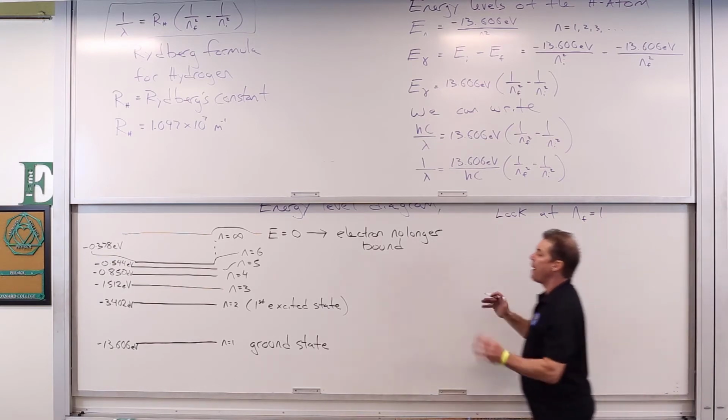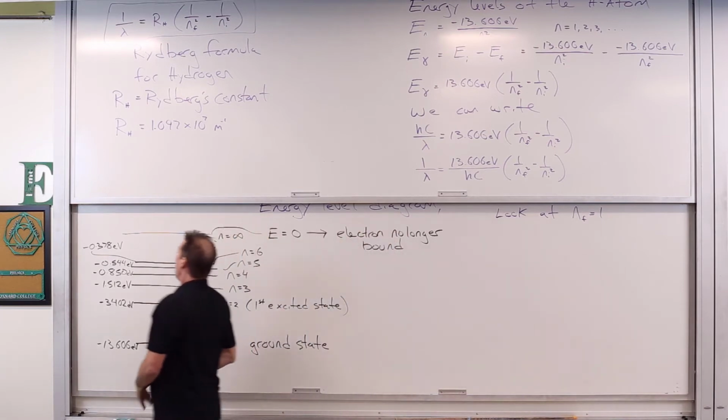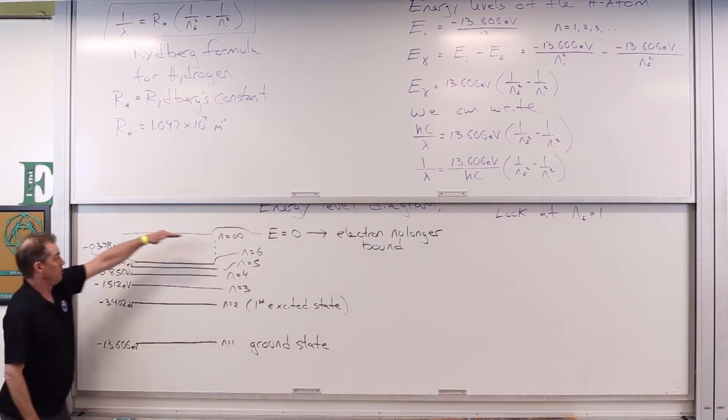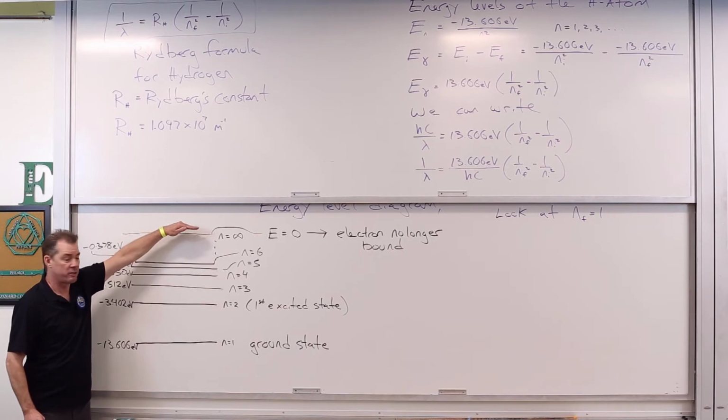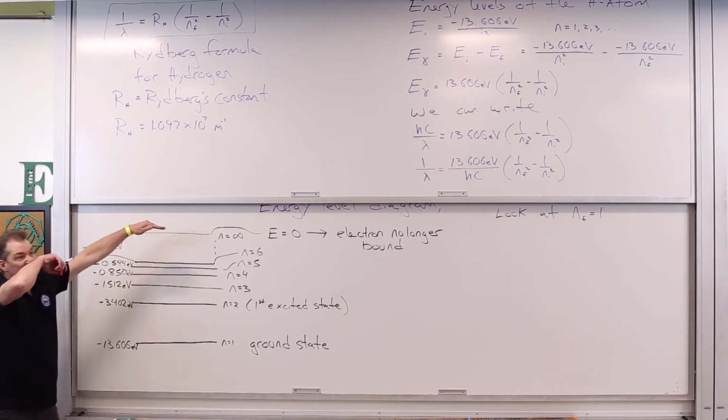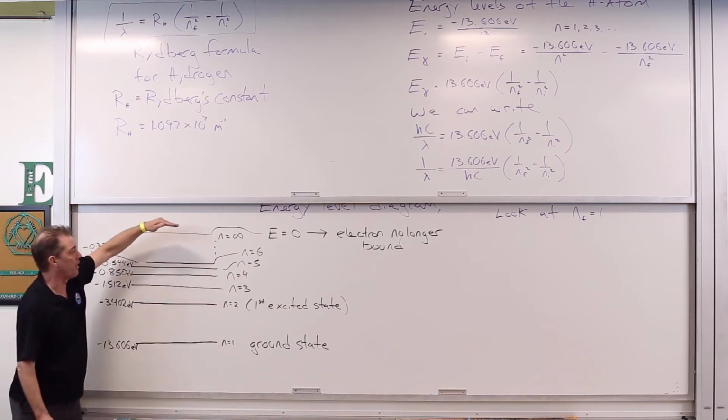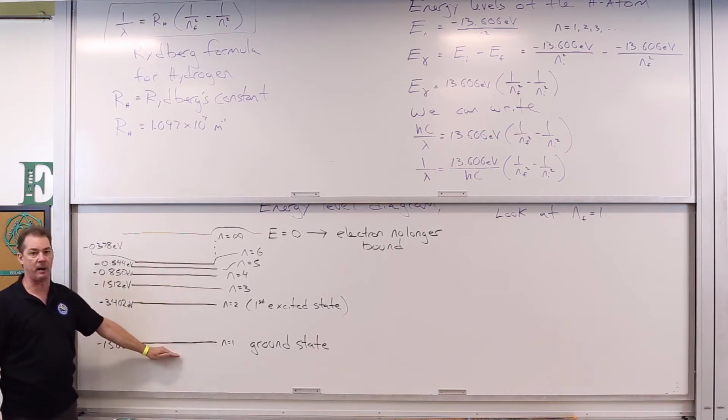The largest amount of energy that a photon can have would be a photon associated with the electron going from 0 energy all the way down to ground state.